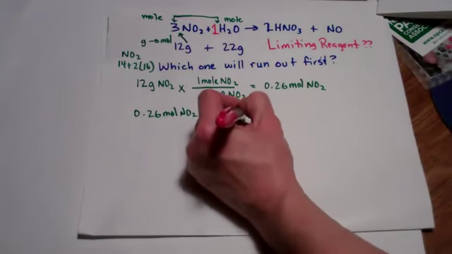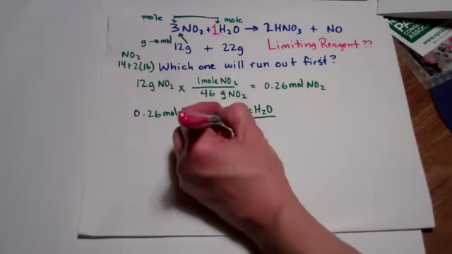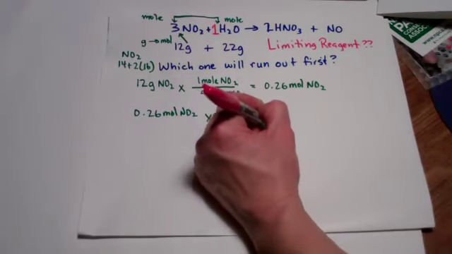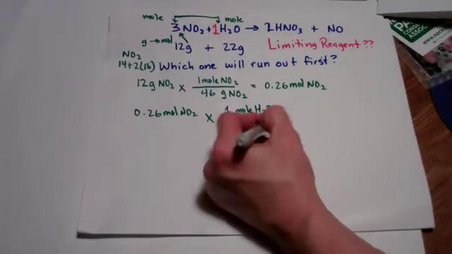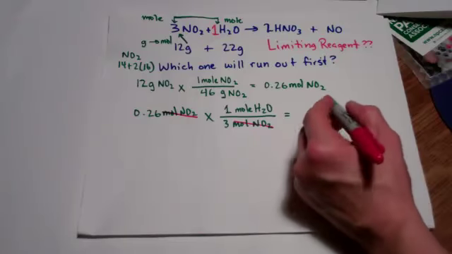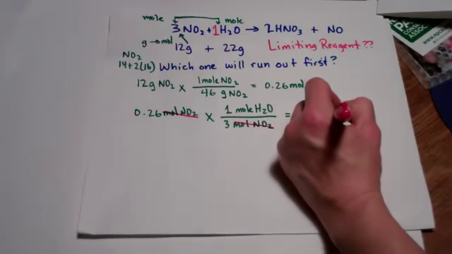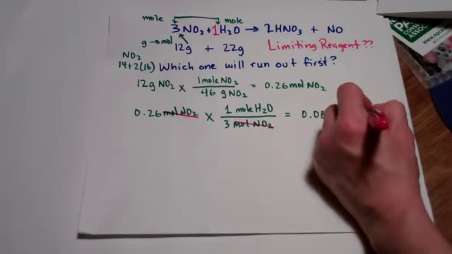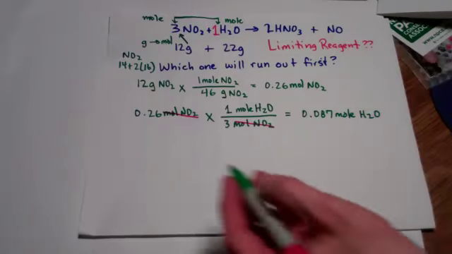So we can put 1 mole of water on the top, because that's what we want to calculate, for every 3 moles of NO2 that we utilize. Those will react perfectly well. So we can calculate moles of water using this conversion factor, because our moles of NO2 are going to cancel out. And we calculate that for 0.26 moles of NO2, we only need 0.087 moles of H2O. Now we need to see if 22 grams is equivalent to that amount.